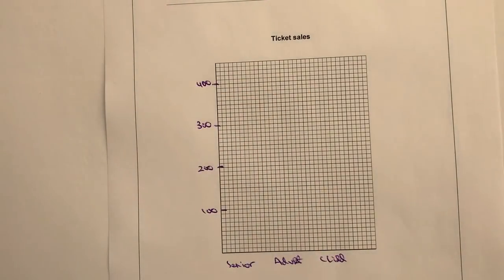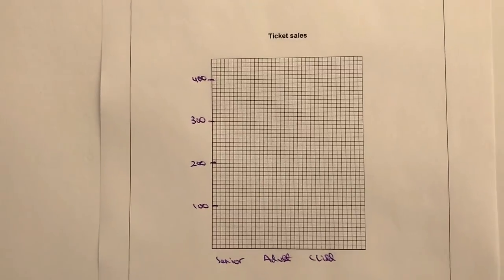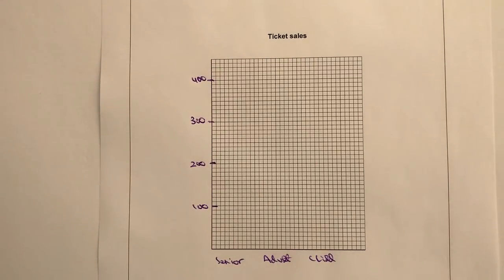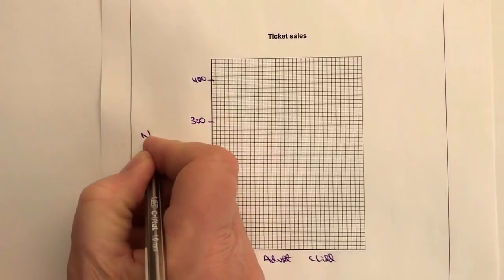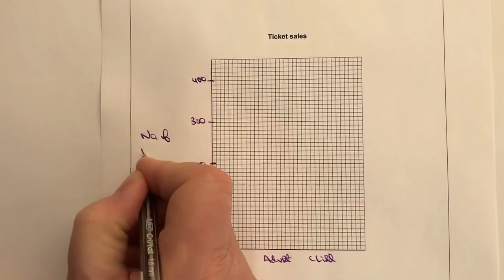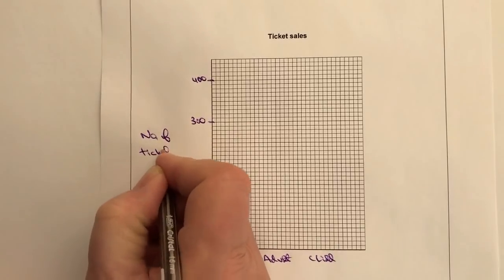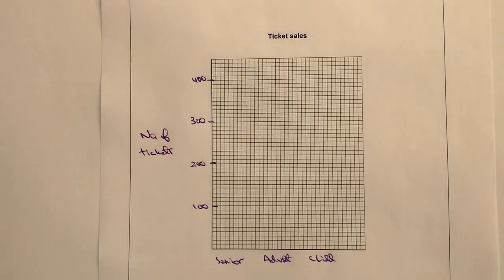Now, it is a little bit difficult. That's why I would definitely encourage you to have a go at each of these questions. But once you've got the layout of the number of tickets, and you've worked out the number of tickets from each of the particular groups, then it should be fairly straightforward to draw the lines in.